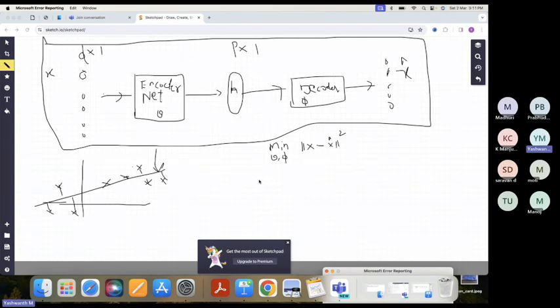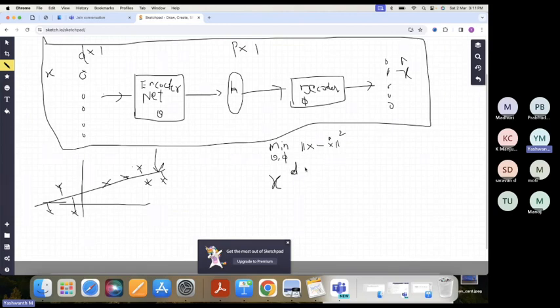So basically, let's say you have input X, which belongs to d-dimensional space. The dimension is d cross 1.